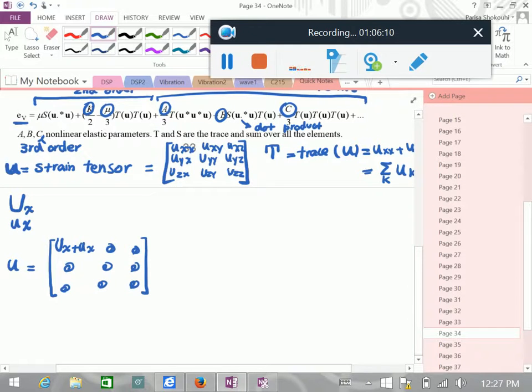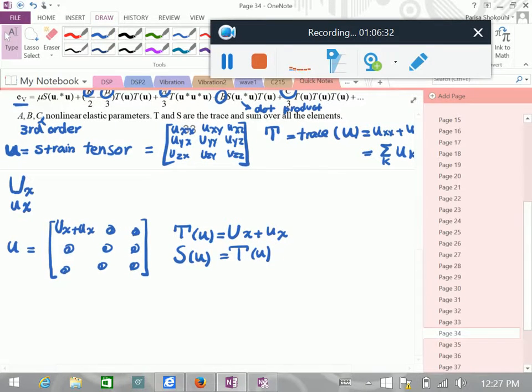Right. Now, it's easy here, for example, to calculate the trace of this tensor. Or the summation of all the elements are also the same.